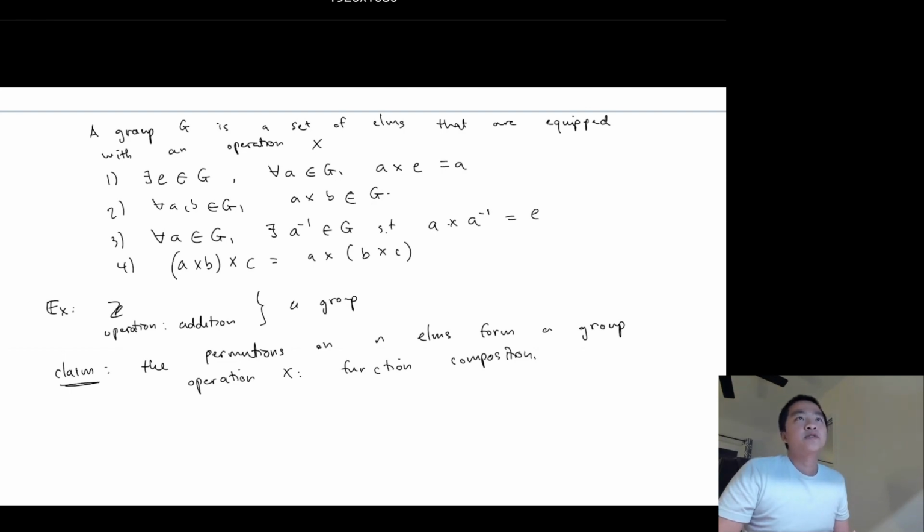So you can verify this claim. The identity element is just the permutation that maps each element to itself.